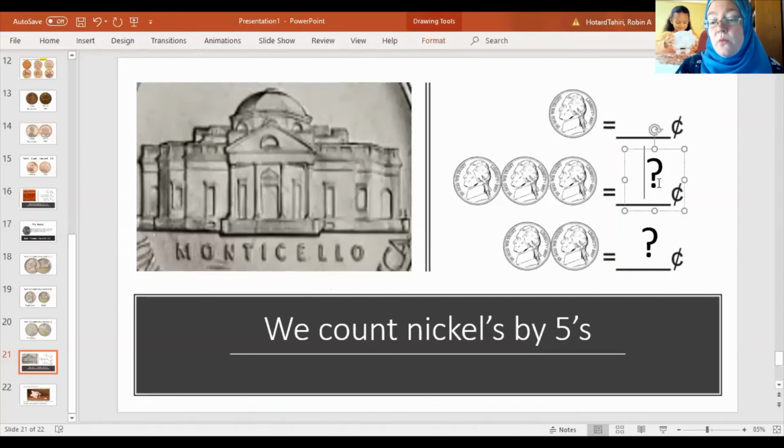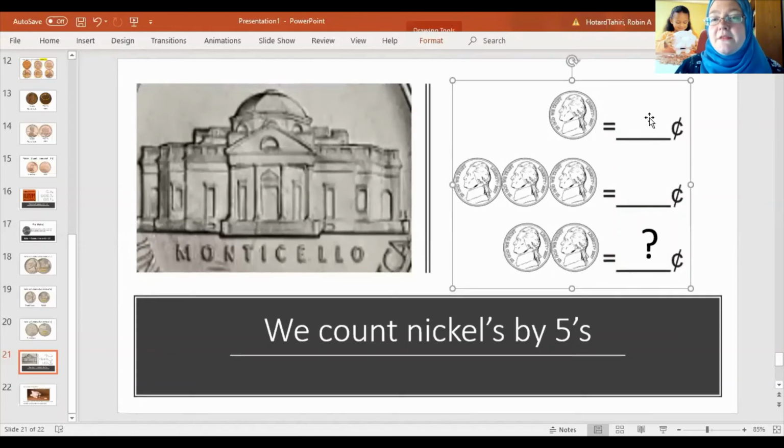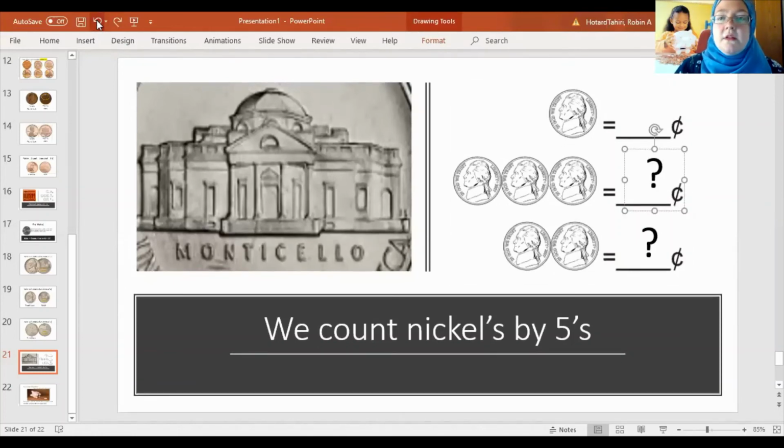What about the second one? How many nickels do I see on this line? 1, 2, 3. Do I want to put 3 here? No. Oh, I thought I wrote it in there. Let me move my picture again. Oops. Let's put it back. Let's put 5 in there.